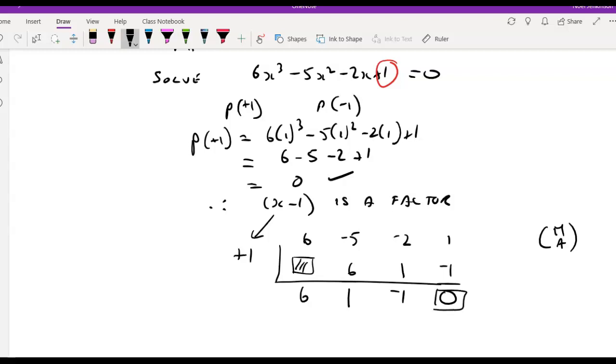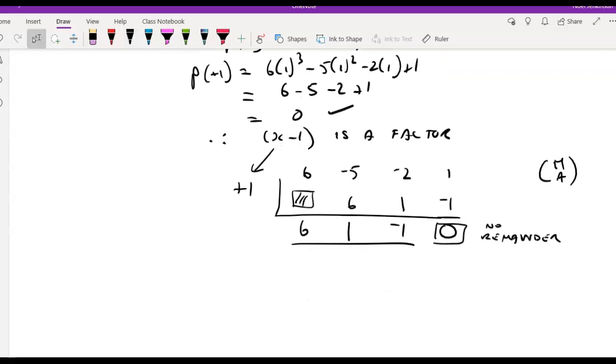This tells us no remainder. These are the coefficients of the quotient. The quotient will be 6x squared plus 1x minus 1. Straight from those numbers there at the end.